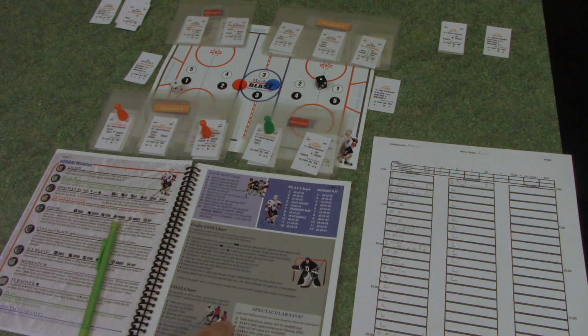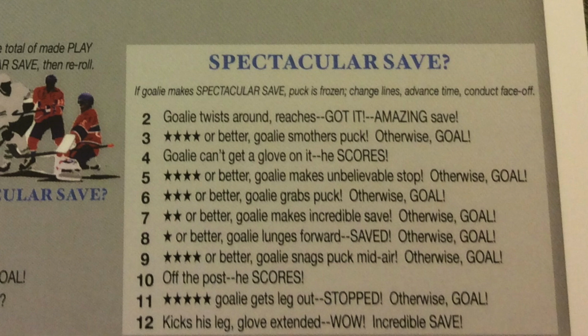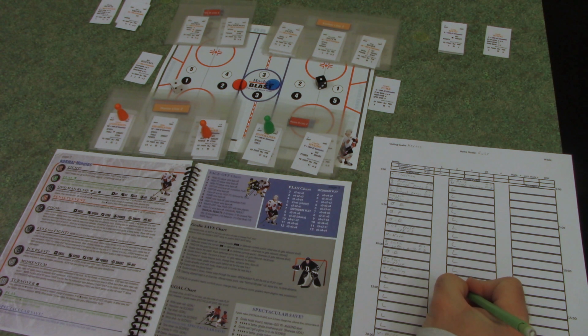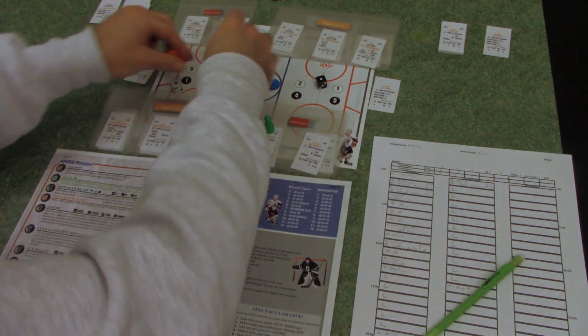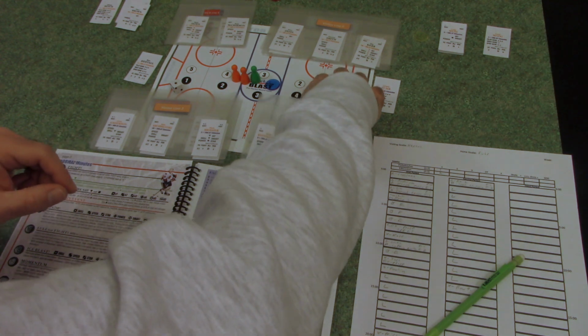We got a total of 2. Oh, and the goalie twists around, reaches, got it. Amazing save. So Ruotsalainen denied. Hextall with the spectacular save, so we leave the score knotted and his team gains momentum.